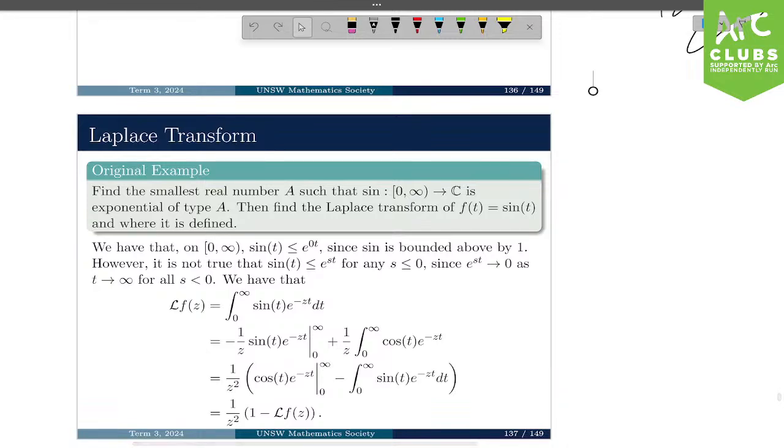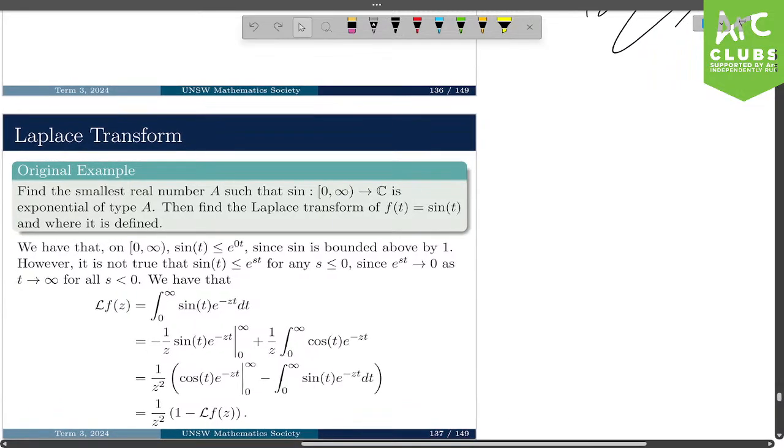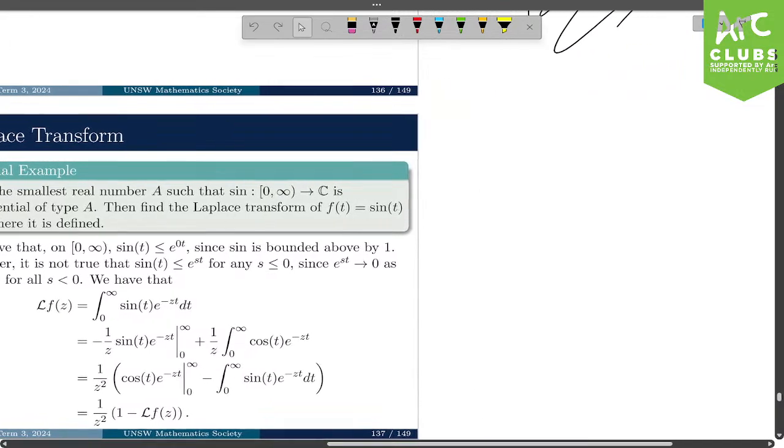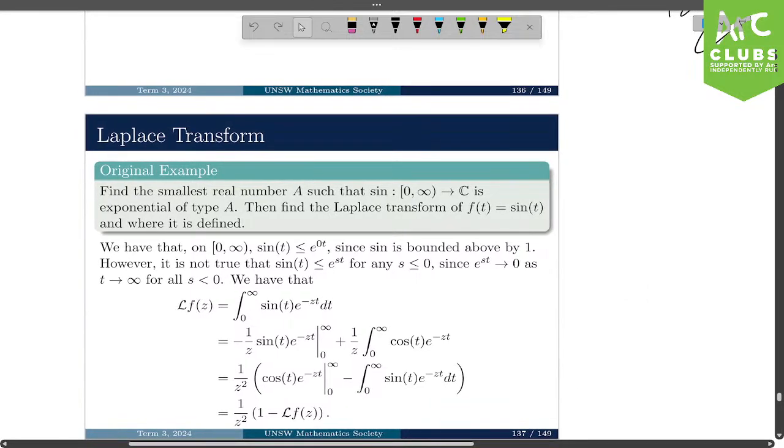If sine is exponential type a, then there is a certain bound which it has to follow very close to the start, especially since we're considering just sine on real numbers. Sine is bounded by 1.